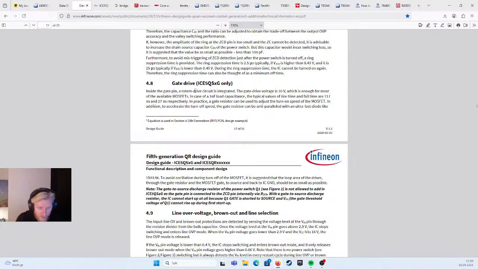Inside the gate pin, a totem drive circuit is integrated. The gate drive voltage is 10 volts, which is enough for most of the available MOSFETs. In case of a 1 nanofarad load capacitance, the typical values of rise time and fall time are 117 nanoseconds and 27 nanoseconds respectively. In practice, a gate resistor can be used to adjust the turn-on speed of the MOSFET.